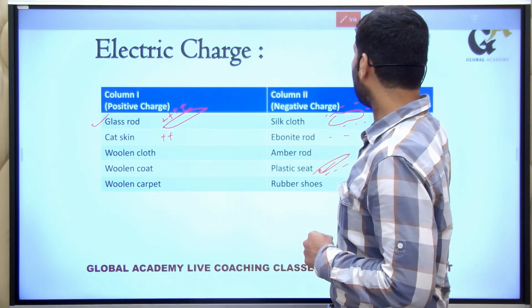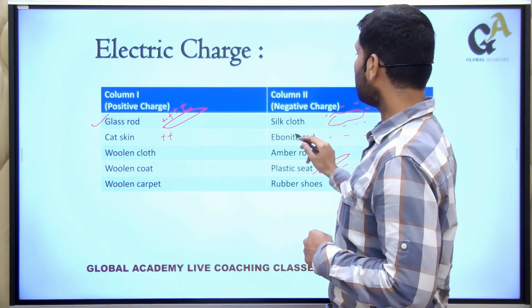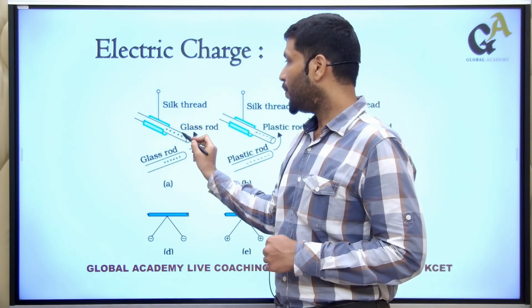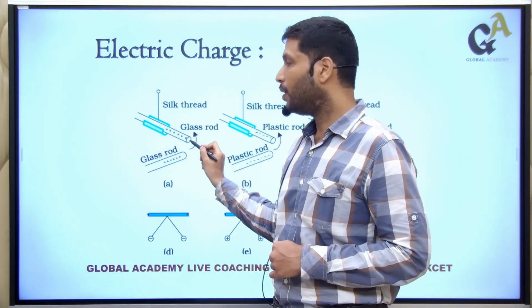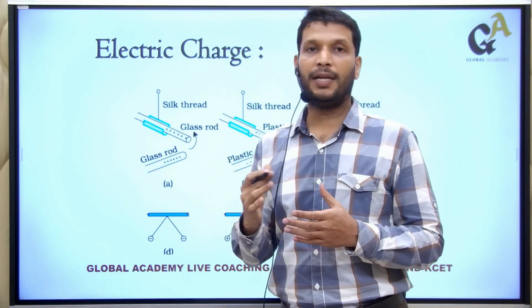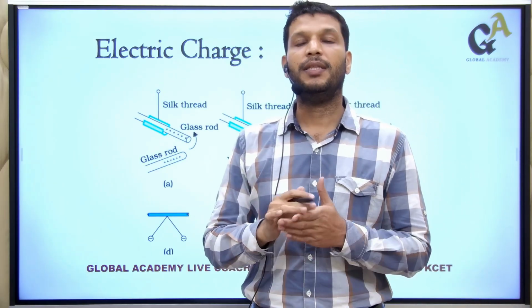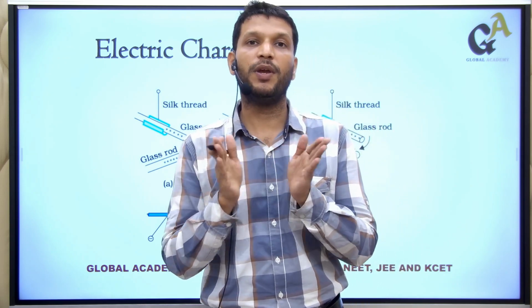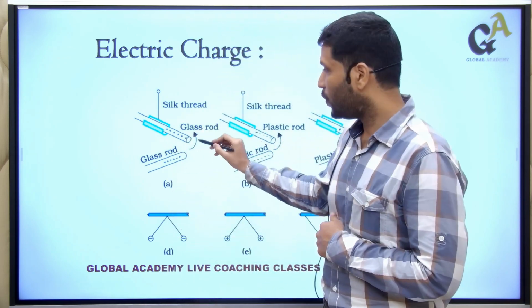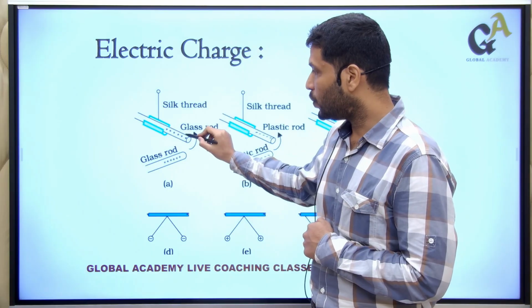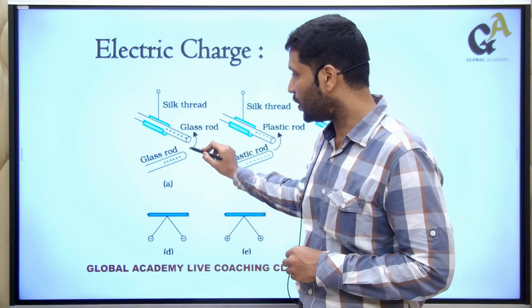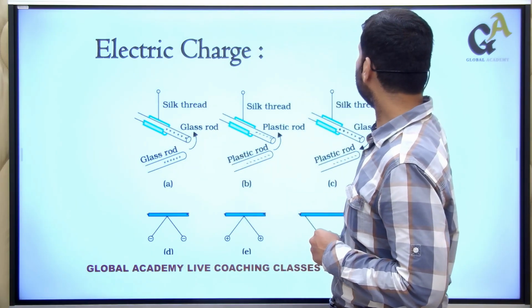The scientists performed an experiment where a positively charged glass rod was brought towards another positively charged glass rod, and they observed that they go far away from each other. You can see from this figure, right? The two positively charged glass rods are going away from each other.